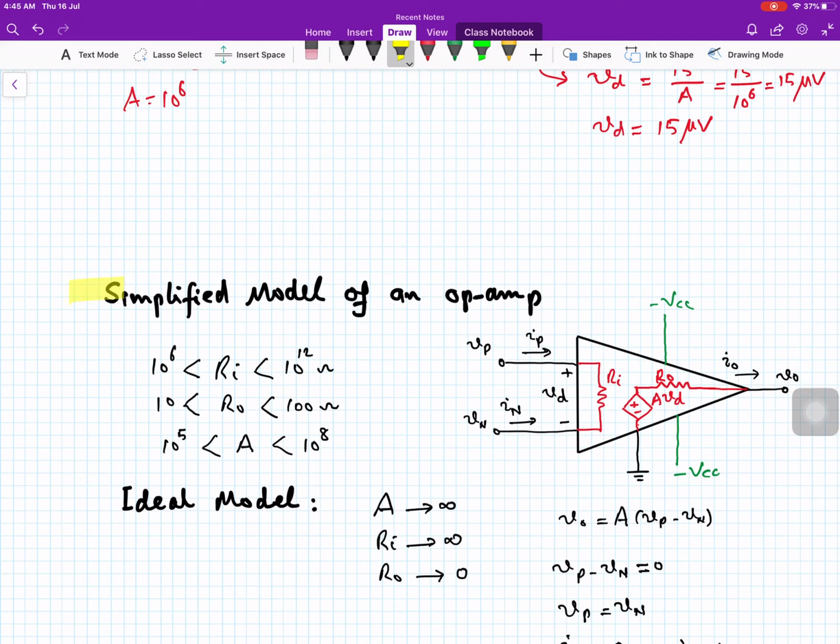Now the simplified model of an operational amplifier. As you have seen, this is the symbol of the operational amplifier with the output voltage and inputs, VP the non-inverting input and VN the inverting input. Inside the operational amplifier, we have an input resistance, an output resistance, and a dependent voltage source.